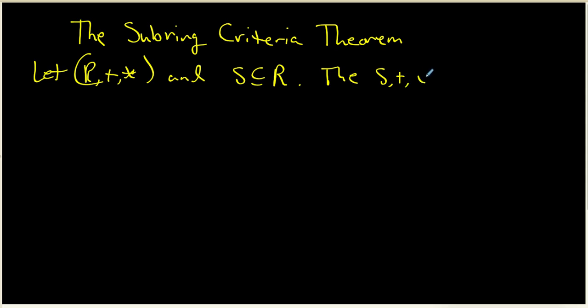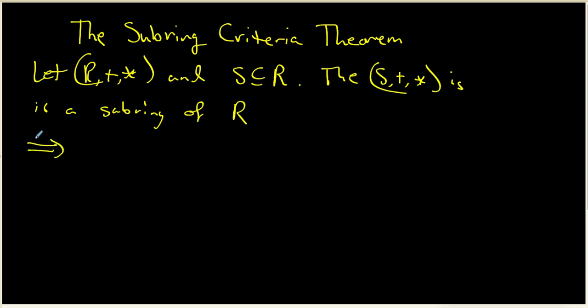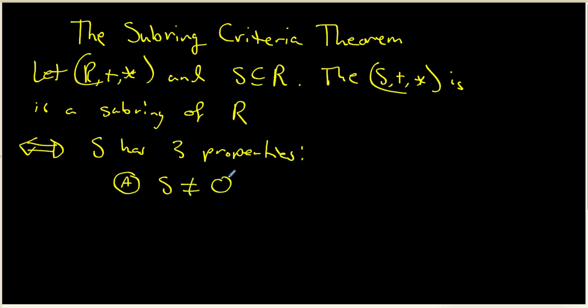S under addition and multiplication is a subring of R if and only if S has three properties. And these properties are, first of all, S is not going to be the empty set.